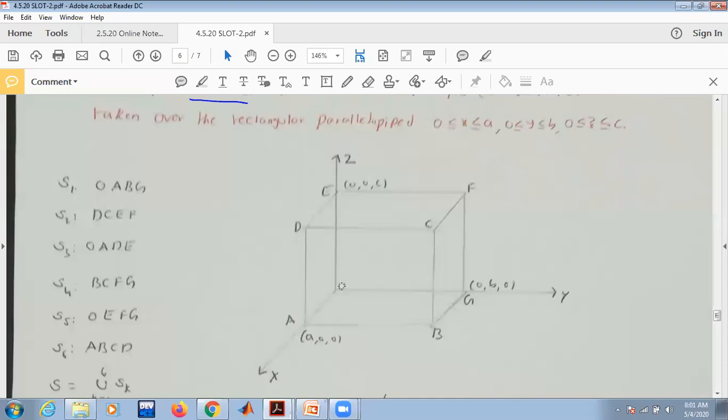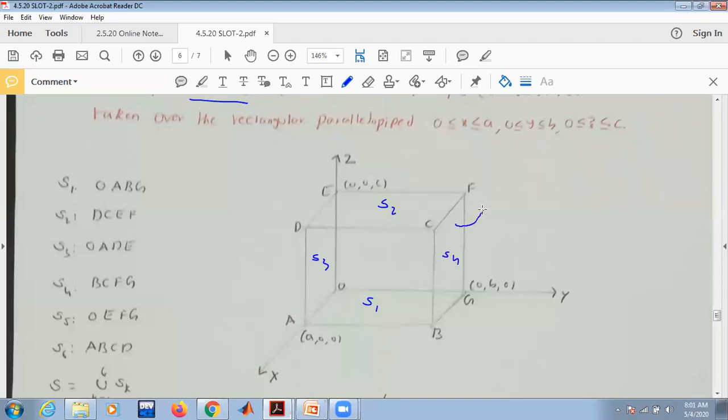S1 is OABG, the base of this cuboid. S2 is the plane parallel to S1, which is CDEF, and S3 is this one, OADE, and S4 is the parallel plane.